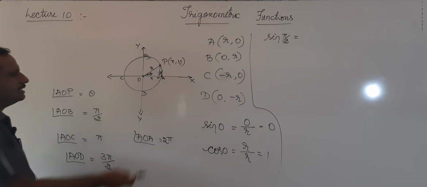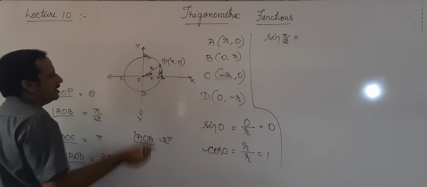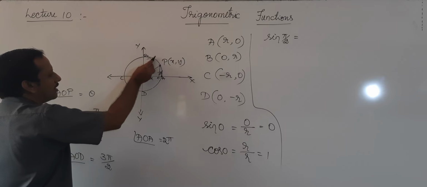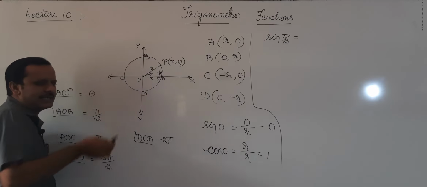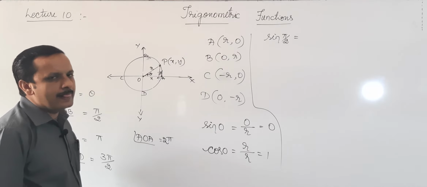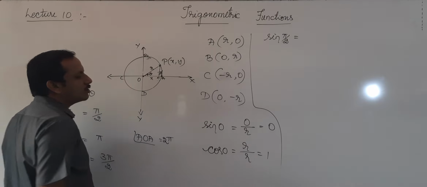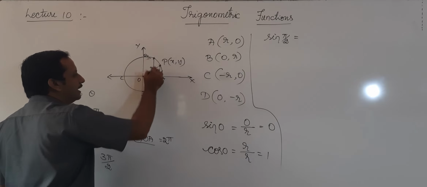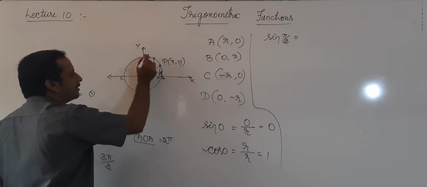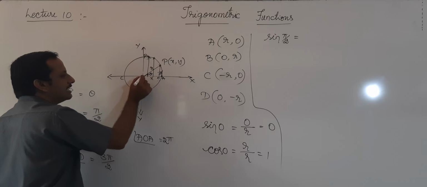Now what I do is, I will bring this point P towards B. As I move along the circumference of the circle towards B, the value of x goes on decreasing. First it will come here, then this length will be x, then it will come here, then this length will be x.